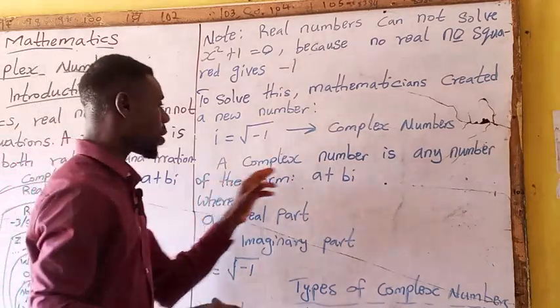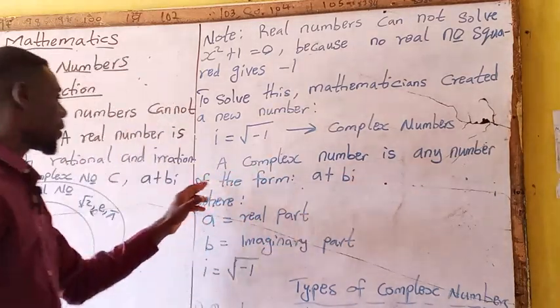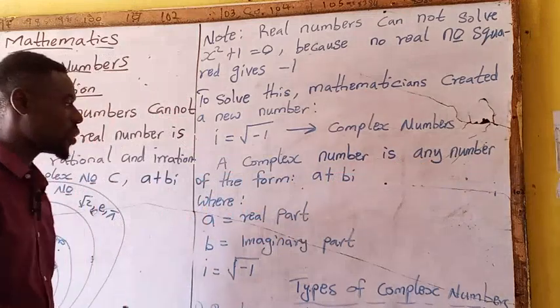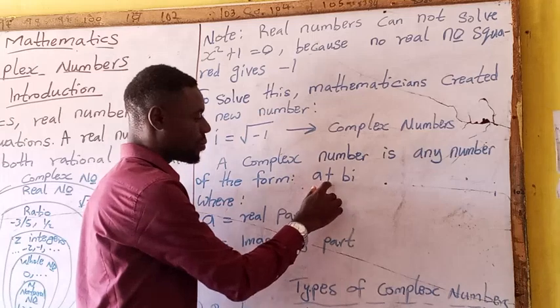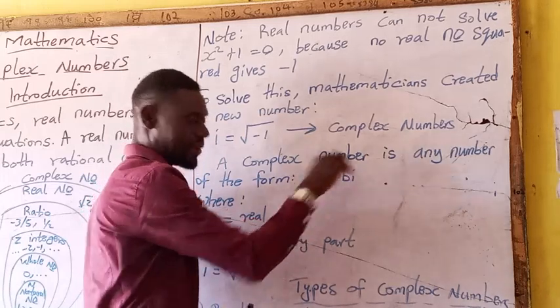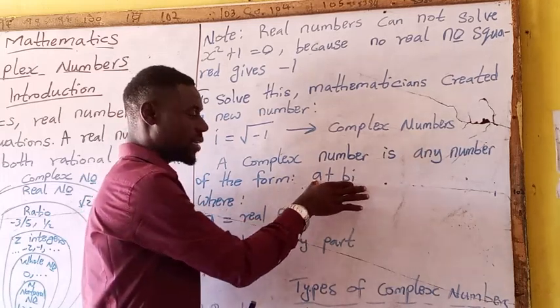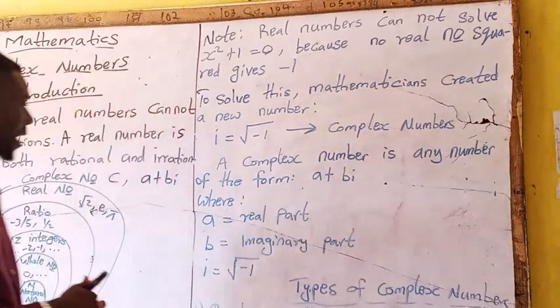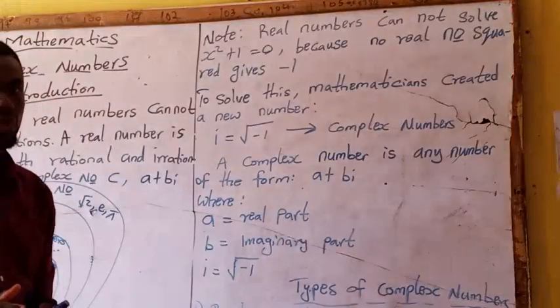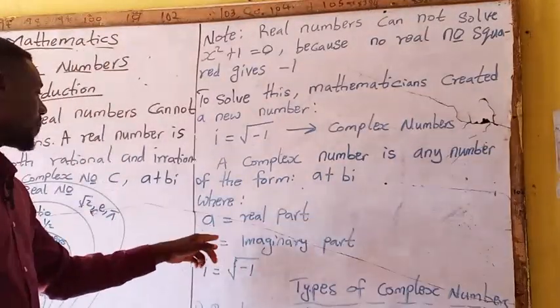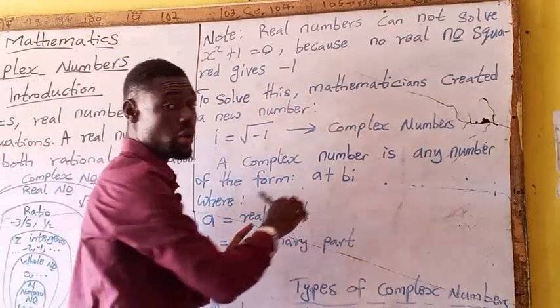Okay. Now, a complex number is any number of the form a plus bi. A complex number is always in this form. In some books, they will use x plus yi. In this place we are using a plus bi. Now, let's define it. In mathematics, when a formula is being given to us, we always define it. We say where a, this first number here, is your real number.